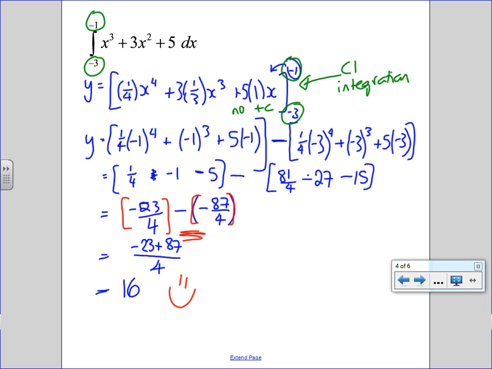So that's essentially just C1. Then all you have to do is put the top limit in as your x, then minus, then put the bottom limit in as your x, and then work it out. And because your calculator will do this for you, you can definitely know that you're correct, even though there's loads of numbers involved, so it's good.